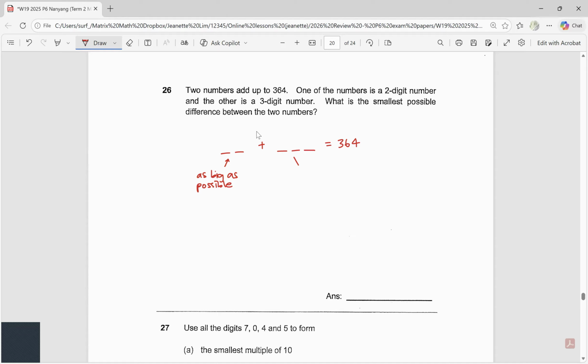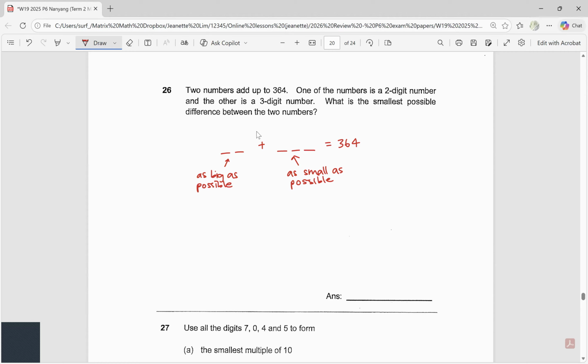Then this 3-digit number will have to be as small as possible, for them to be as close as possible to each other, so that the gap between the two numbers will be the smallest.